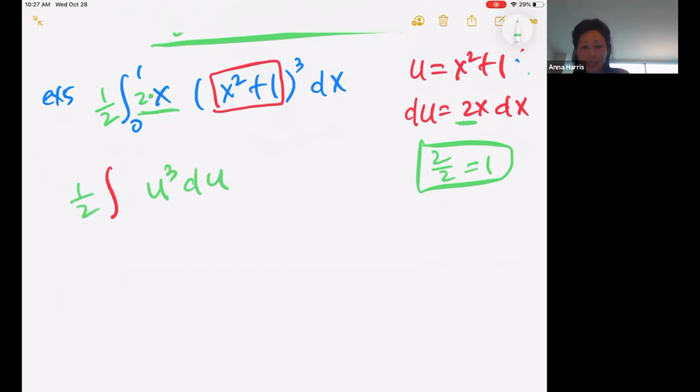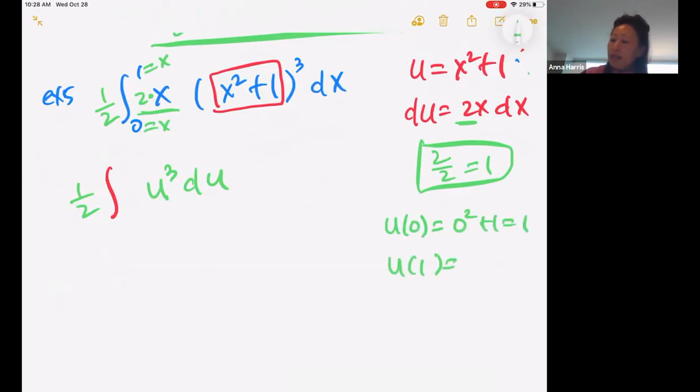But now remember this, your limit over here is x equal to 1, your limit over here is x equal to 0. So you have to see what u is at 0, which is 0 squared plus 1, which is 1. u at 1 is 1 squared plus 1, which is 2.